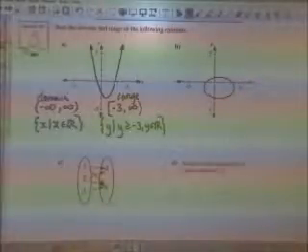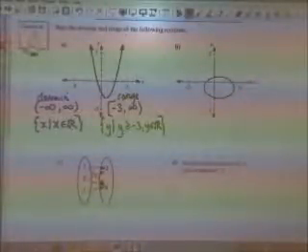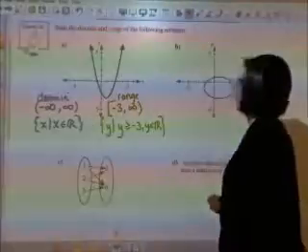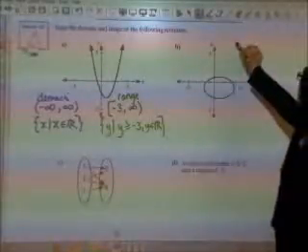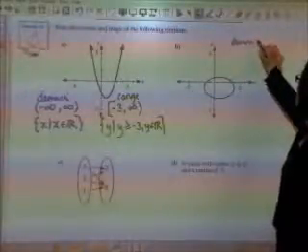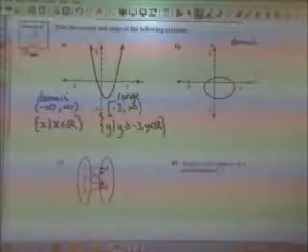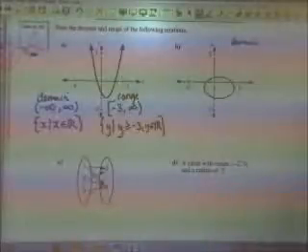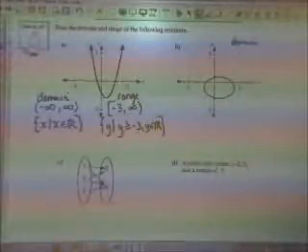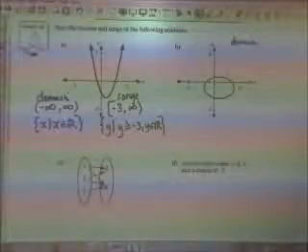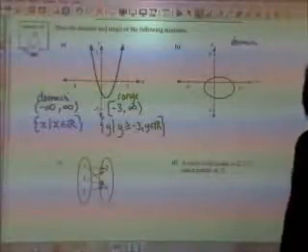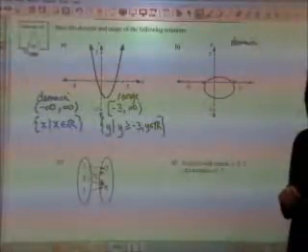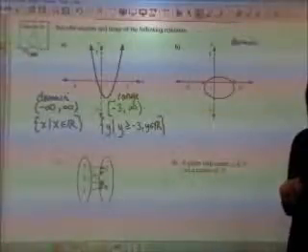Okay, so now try B. So what is my domain for B? What are my possible x values for B? -2 and 4, or could it be everything in between -2 and 4?